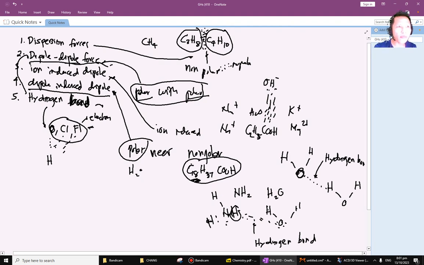So those are the five. So as much as possible, we can identify them. So a prerequisite of this, you can already draw the Lewis structure of some molecules. So you can already imagine the symmetry, polarity. Then another one is, of course, you can imagine the electronegativity and all of those things. And that's why we have this LO.